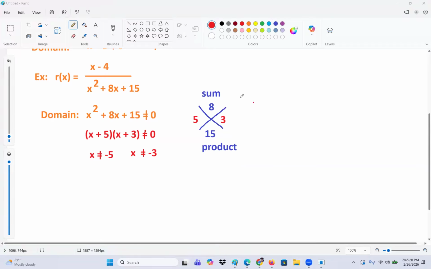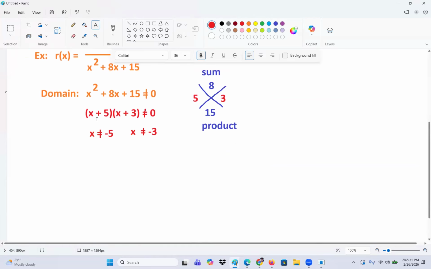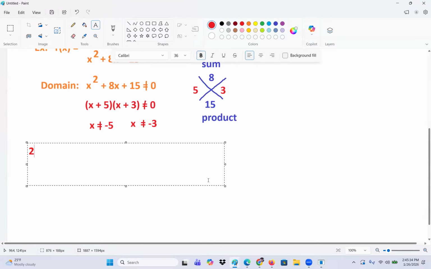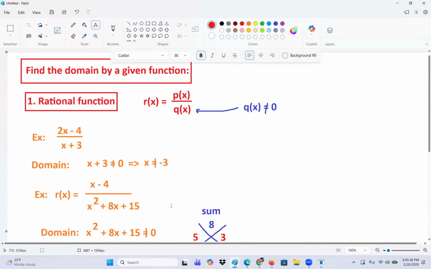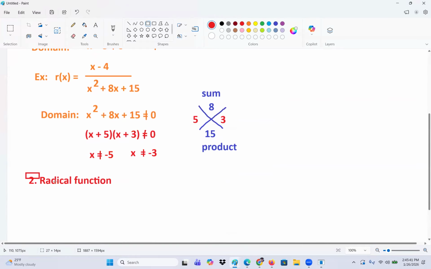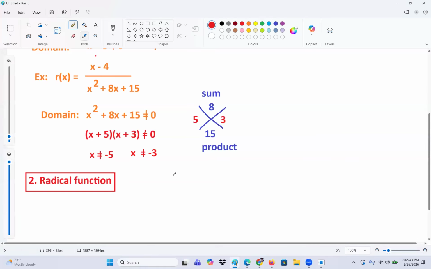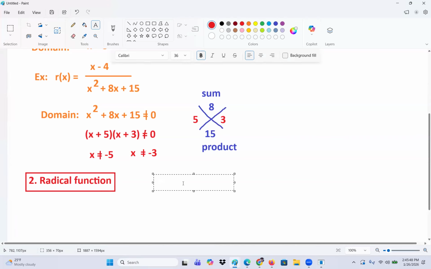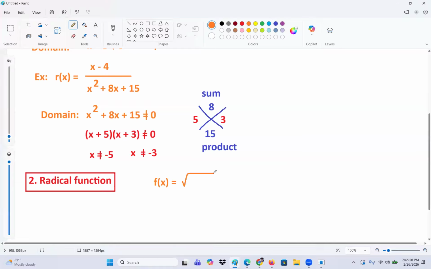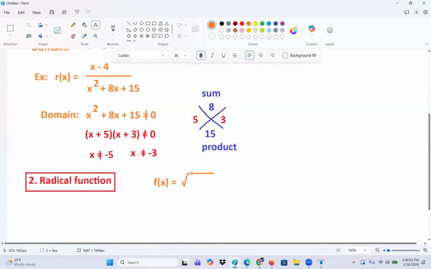All right. Finally, another form that we have is called a radical function. For the radical functions, for example, we can have f of x equal to the square root of q of x or p of x, for example.